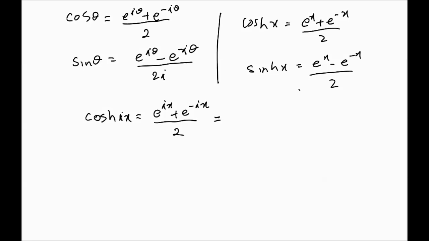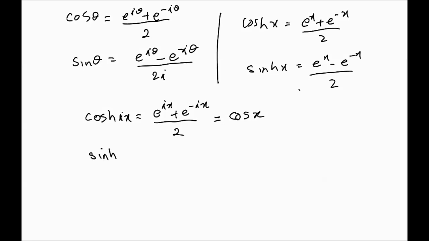And that, you will notice, is actually simply cosine of x, according to the definition we have above for cosine theta. So that clearly shows you that cos x, in fact, is cosh ix.